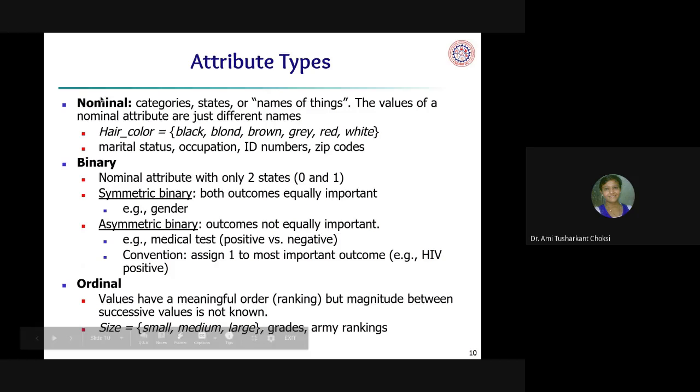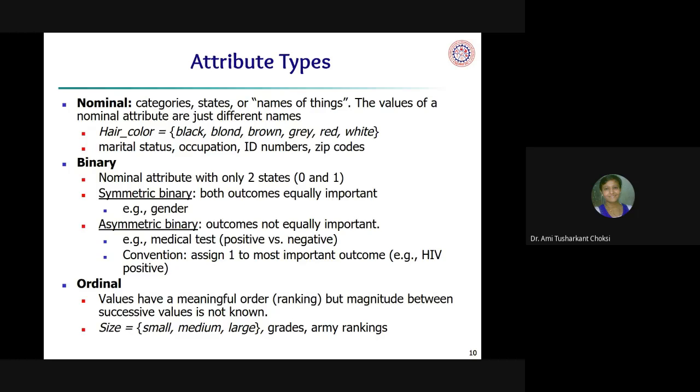What is nominal? They are categories, states, or names of things. The values of a nominal attribute are just different names. Like hair color: black, blonde, brown, gray, red, white.